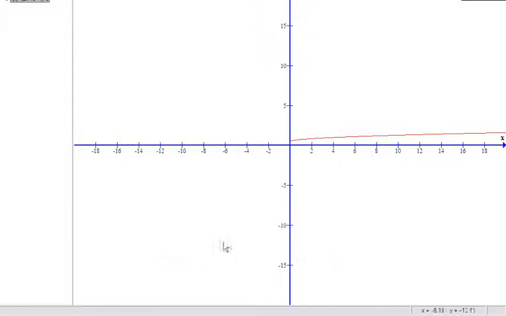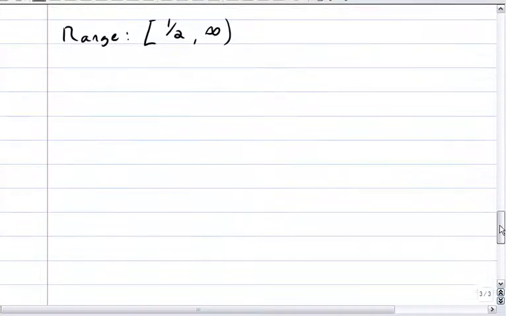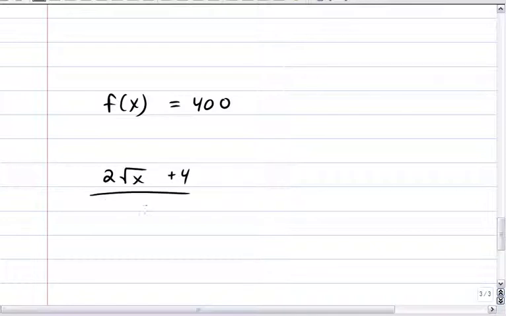So let me show you a little trick here. If you don't know, we're going to come back here. We'll take our equation. Yeah, let's look at, is it possible for f of x to equal 400? What was that equation again, guys? So let's see if we can ever get to 400.